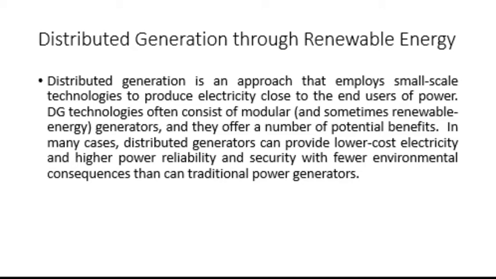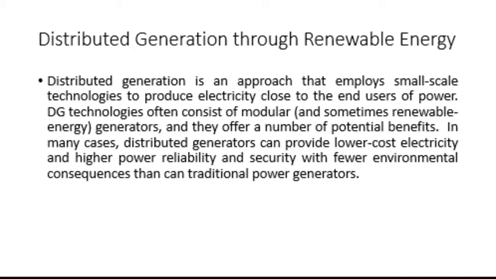We always talk in classes that the central power plants are located very far from the user end or from the load. But in distributed generation, the generator, or whatever means we use for generating electricity, will be very close to the end users of the power.